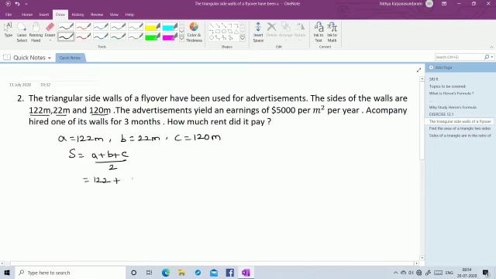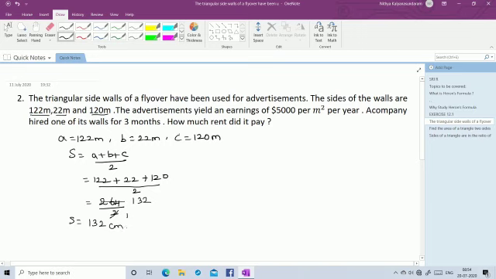So 122 plus 22 plus 120 by 2. Adding, you will get 264 by 2. So cancel with 2: 2 ones are 2, 2 threes are 6, 2 twos are 4. So S is equal to 132 meter.